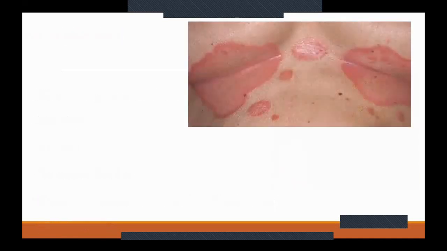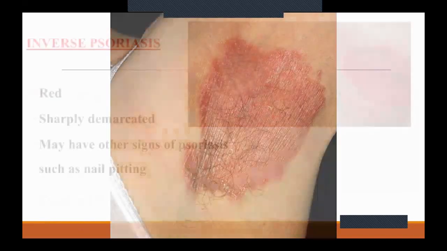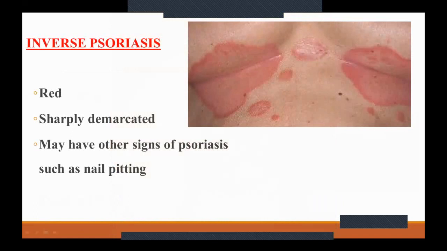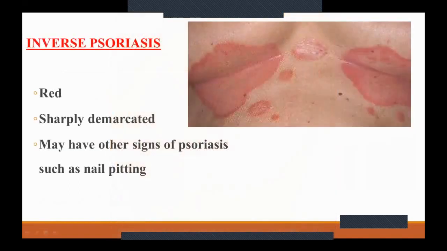This is a case of inverse psoriasis. We know that psoriasis generally involves the extensors like the back of the elbows, the front of the knees, the scalp, lower back. But when psoriasis affects the body folds, like the inframammary fold or the armpit region, then it is called inverse psoriasis.